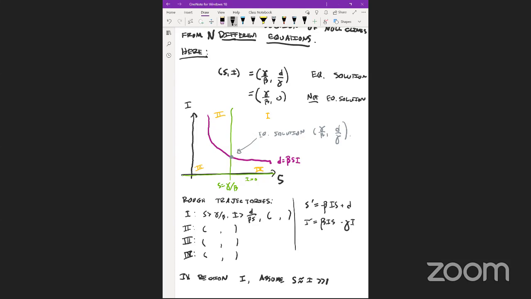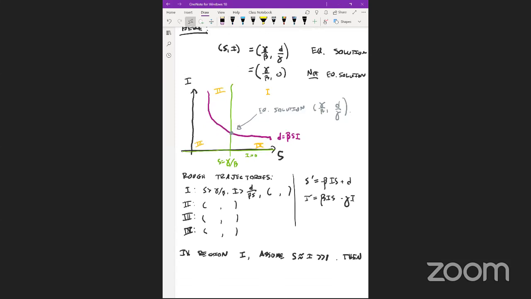We can also just enforce these conditions, right? Putting this into these equations, let me give you the heuristic way, and then I'll do it a little bit more precisely. If we assume that S is approximately I, and is much larger than 1, then beta IS is going to be much larger than D, so S prime is going to be less than 0.